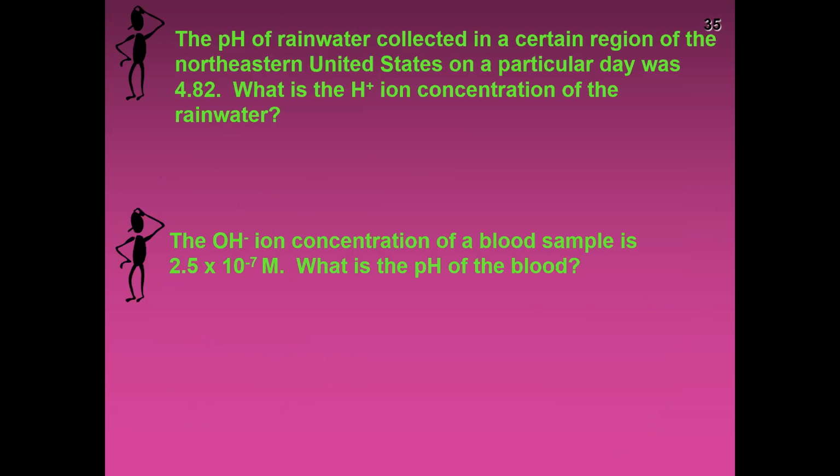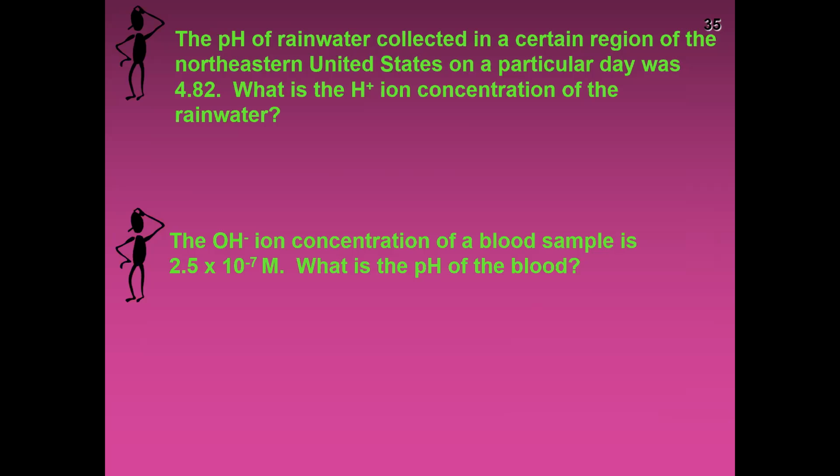All right, so let's do these problems. It says the pH of rainwater in a certain region of northwestern United States was 4.82. What is the hydrogen ion concentration of the rainwater? Okay, so this is just a normal one. In order to get the hydrogen ion concentration, we have to raise it to the power, right?